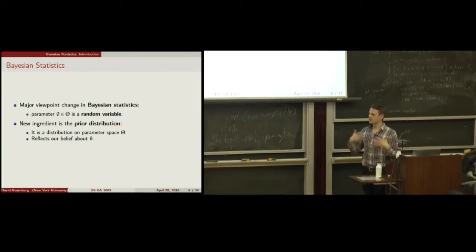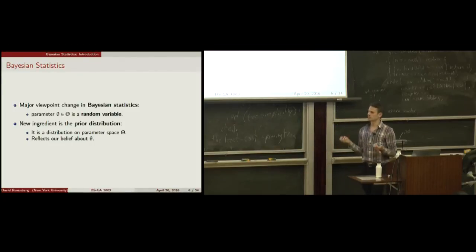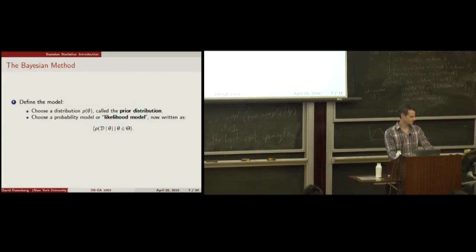It's a weird coin. Anyway, you could code up something like this distribution on theta that describes your belief on what theta is. And of course, it's something you have to write down before you see any data. It's supposed to be uninfluenced by the data.